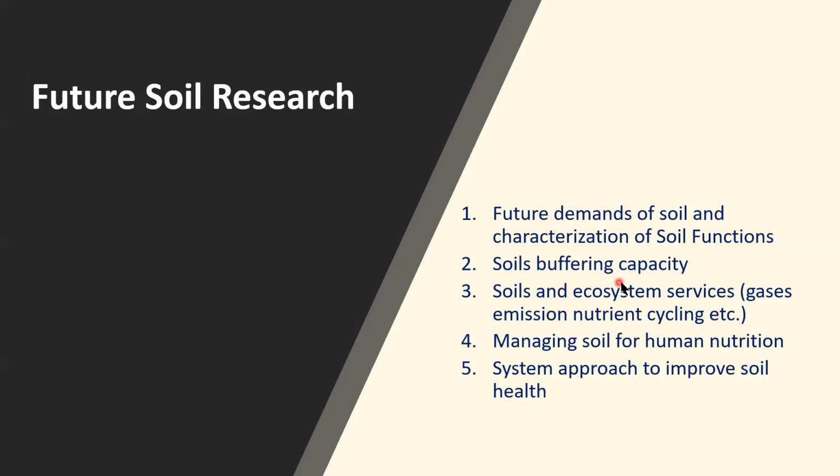Soil buffering capacity is a very old term, but it is very important to regulate soil reactions and soil chemistry. We know that soils and ecosystem services are very important because soil has a major role in ecosystem services. So these kinds of studies are much needed in this scenario.